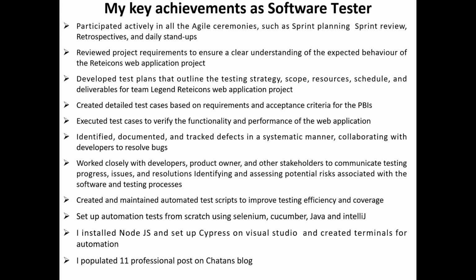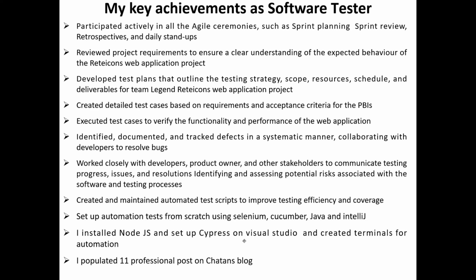Now, here are my key achievements as a software tester. I participated actively in all the Agile ceremonies. I reviewed project requirements to ensure a clear understanding of the expected behavior of the Red Icons web application project. I developed test plans that outline the testing strategies. I also created detailed test cases based on requirements and acceptance criteria for the PBIs.